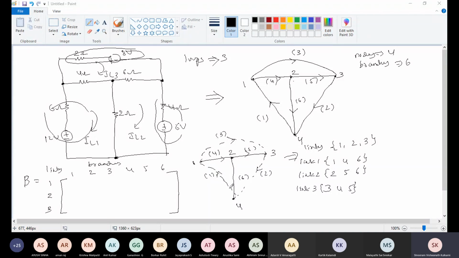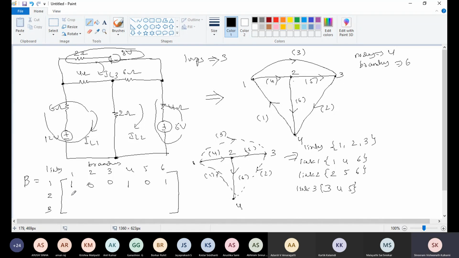So link direction and branch direction are the same, so +1. In link 1, 2 is not there, 3 is not there, so 0, 0, 0. In link 1, 4 is there, in the same plus direction, so +1. 5 is not there, 0. 6 is in the same direction, +1.